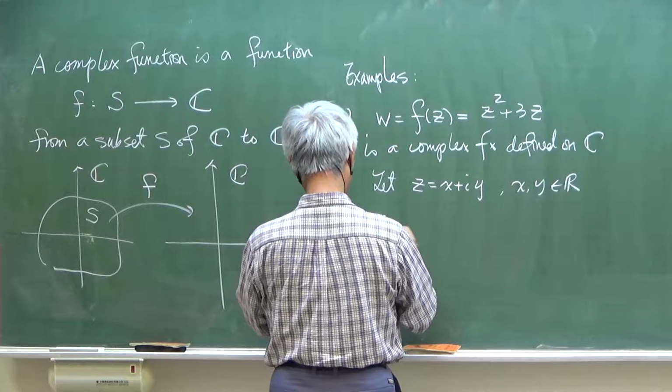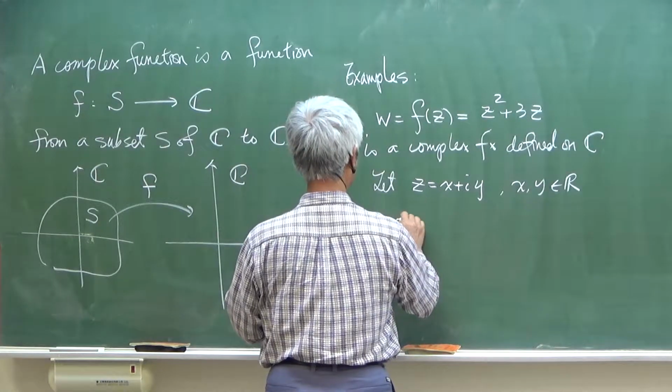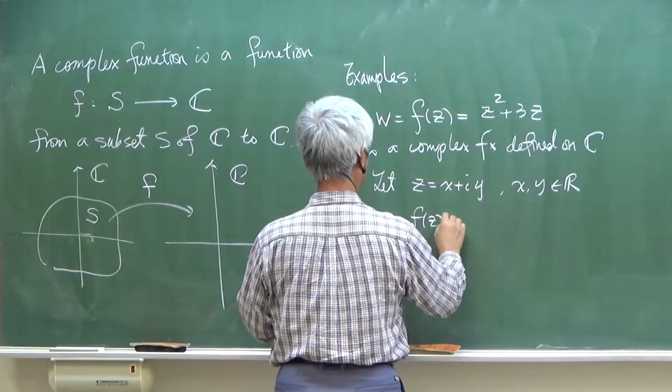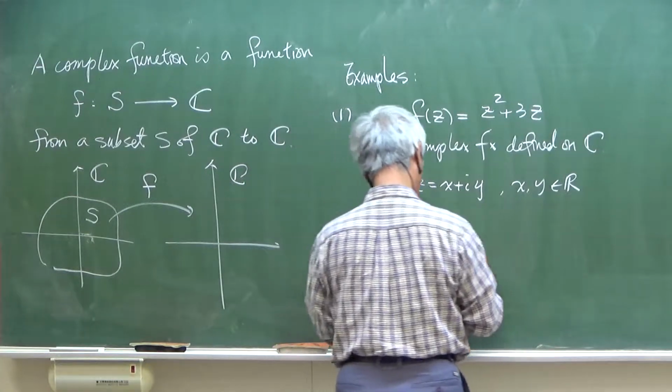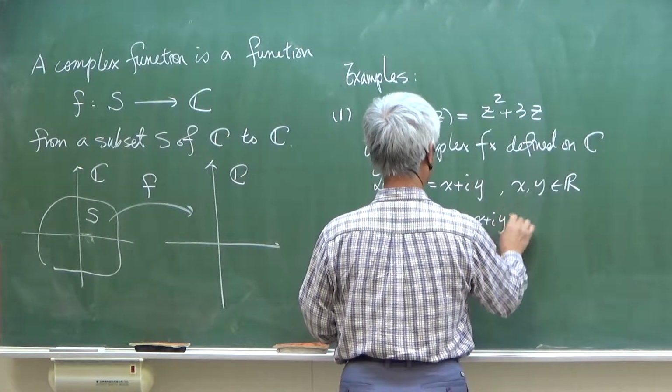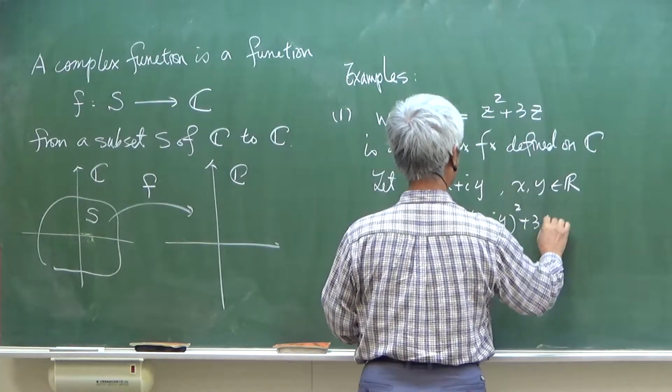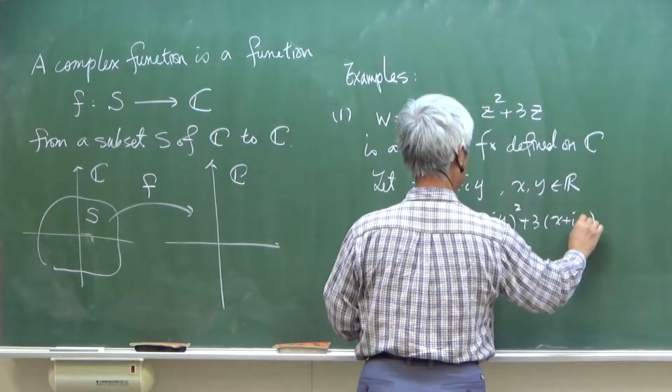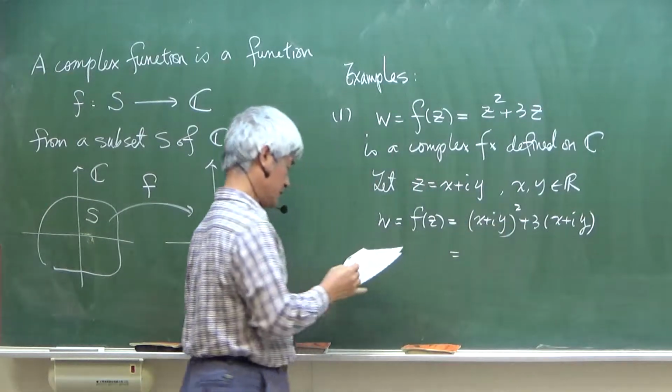So we can describe F(Z) by using X and Y. So this is X plus iY, cubed, plus 3 times X plus iY. We just do the substitution.